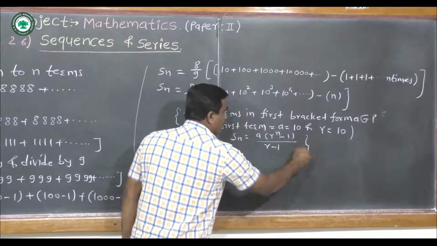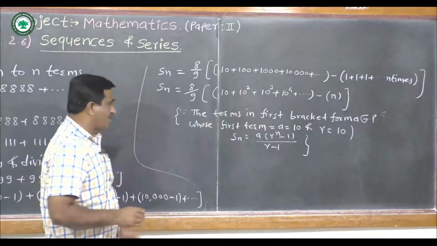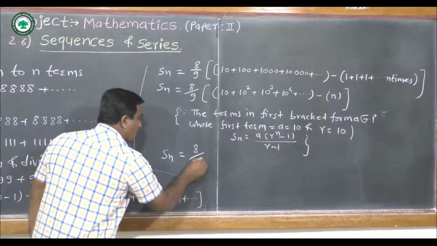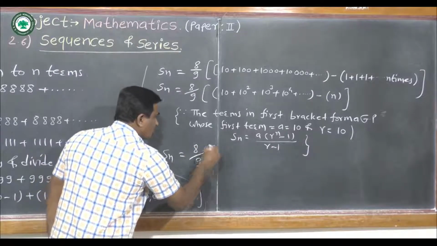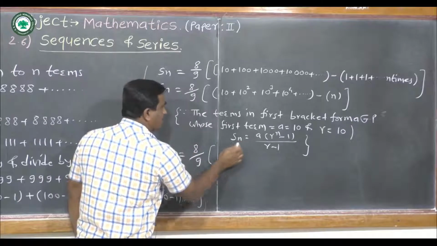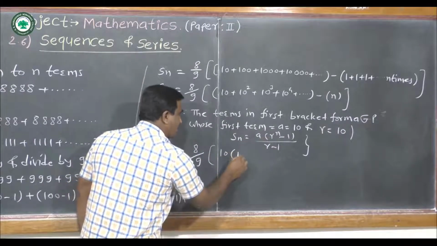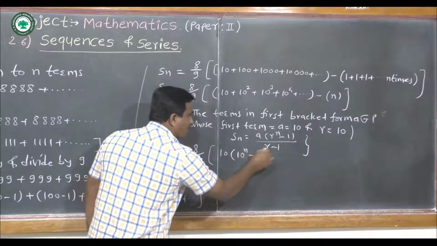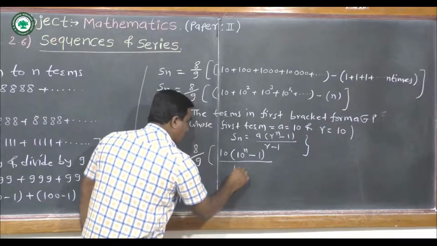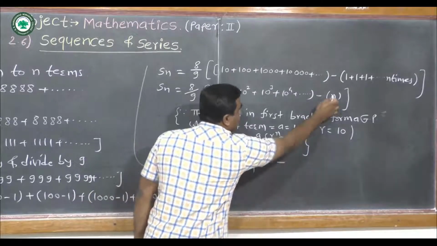Using this formula, we can write the value of this bracket and the remaining term as it is. Sn is equal to 8 upon 9 into, in square bracket, A means 10, into R raised to n minus 1 upon R minus 1, 10 minus 1, minus this n as it is.